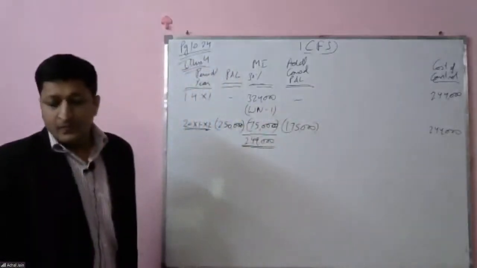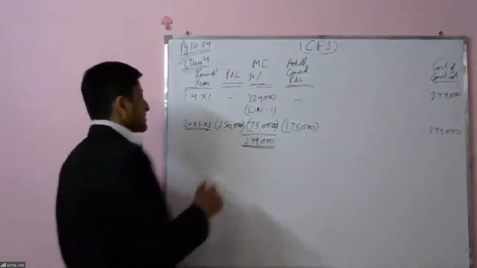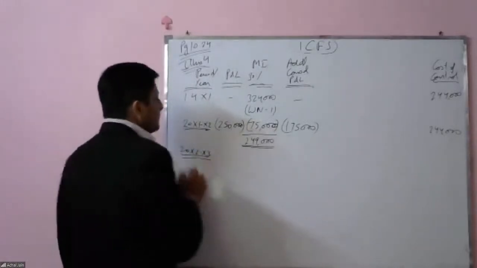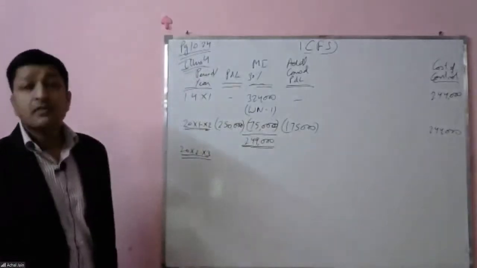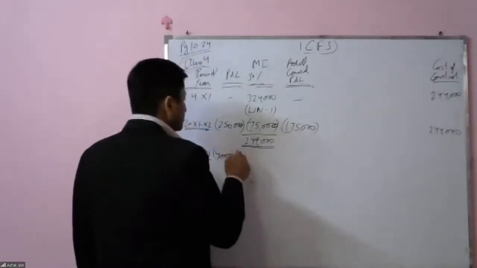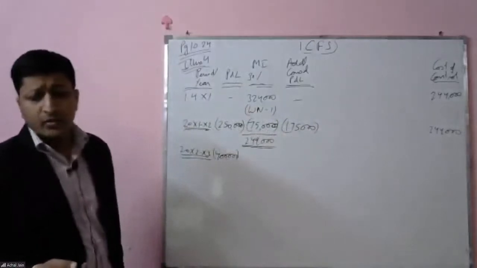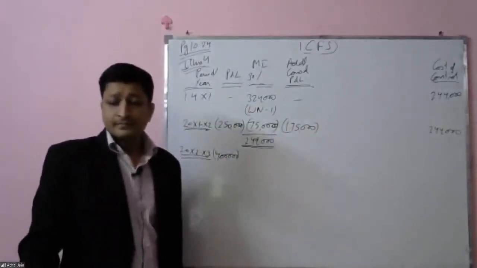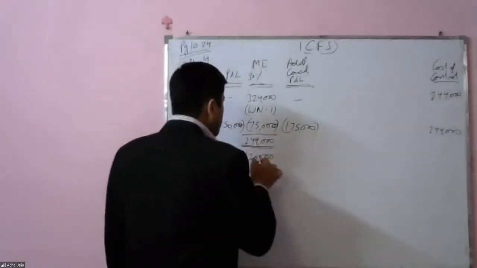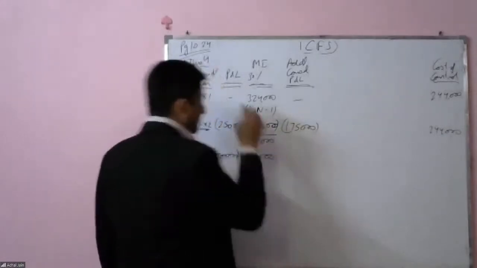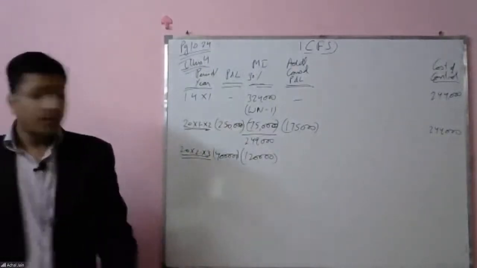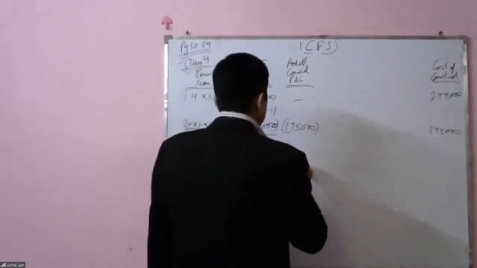Then next year, X2, X3, once again there is a loss, now of 4 lakh. In the same way, this loss will get attributed to minority: 1,20,000 negative will go to the minority, and the remaining 2,80,000 will go to majority.